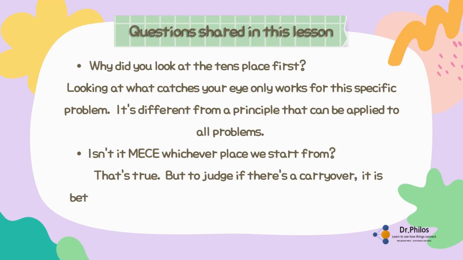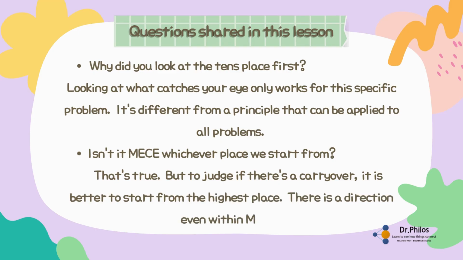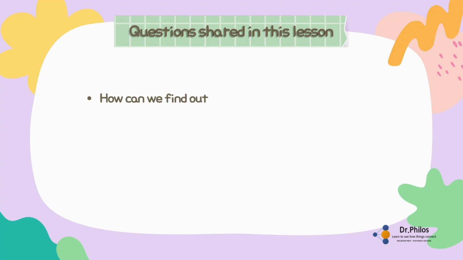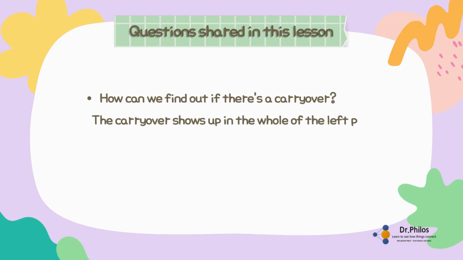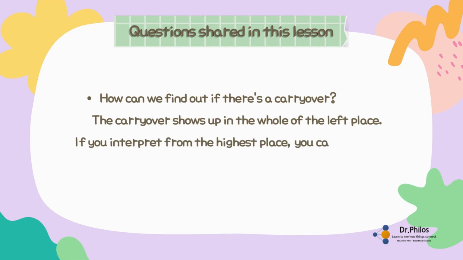But to judge if there's a carryover, it is better to start from the highest place. There is a direction even within MECE. How can we find out if there's a carryover? The carryover shows up in the whole of the left place. If you interpret from the highest place, you can naturally find out.